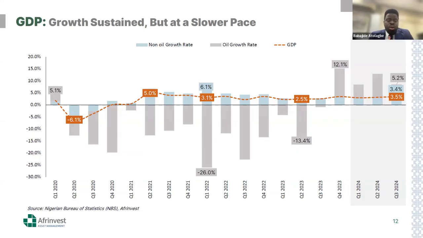Speaking much more on the oil sector, it has really accounted for it. You can see from the production numbers that in the month of October, our production surged to as high as 1.3 million barrels per day, coming from as low as 1.1 million something last year.